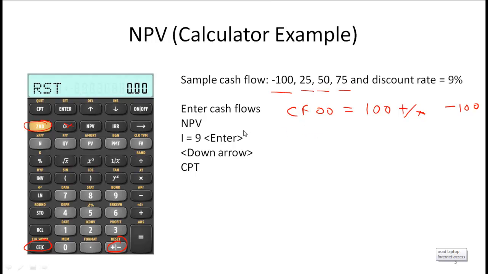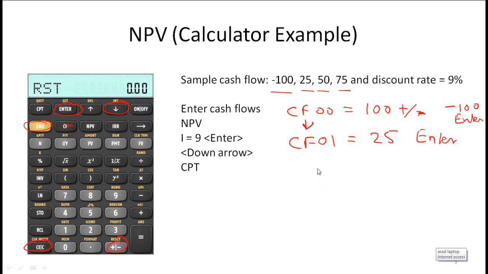Then you click the down arrow. Actually, even after putting in 100 and plus minus to make it minus 100, you should put enter after that, which is this button.